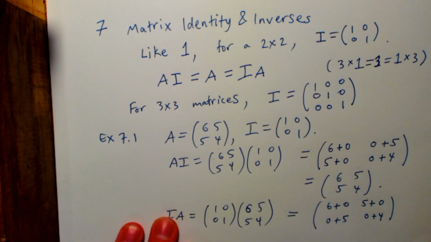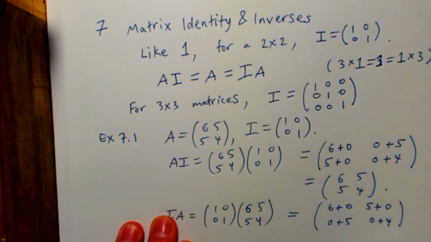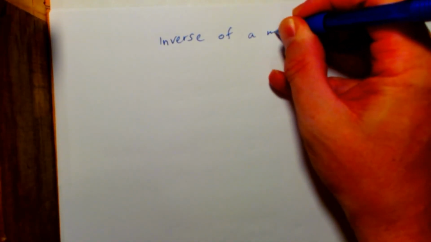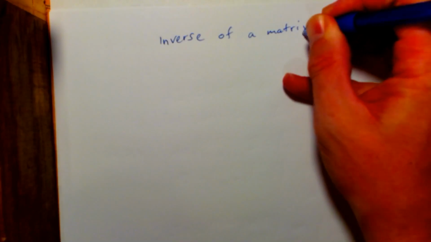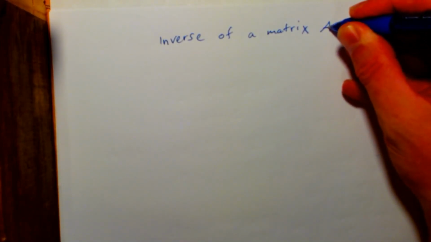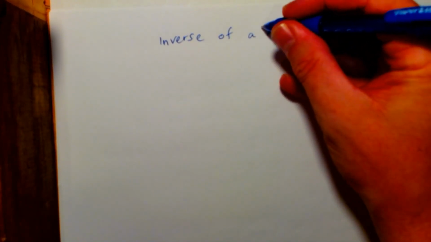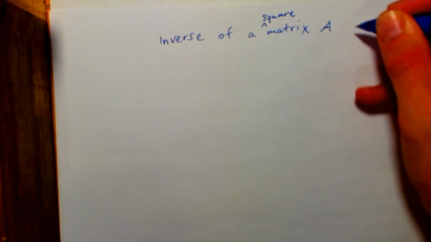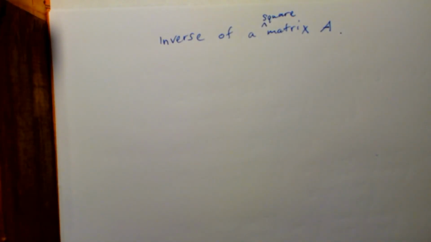So the inverse of a matrix, now this needs to be a square matrix in order for an inverse to exist. And even though it's square, the inverse may not exist.